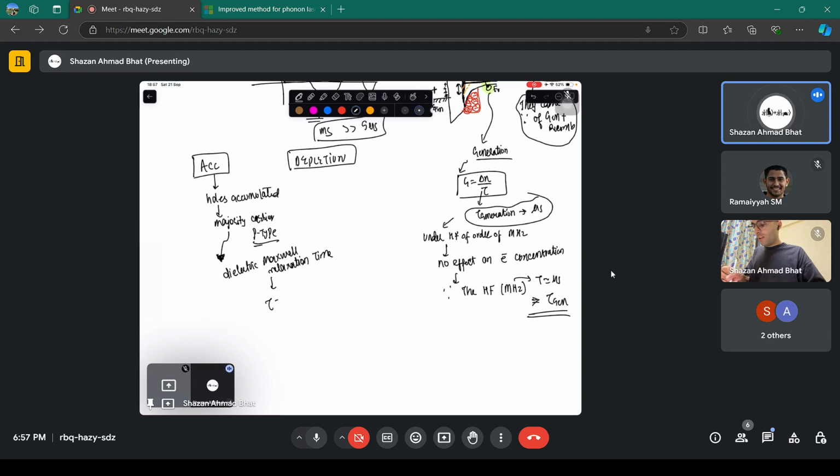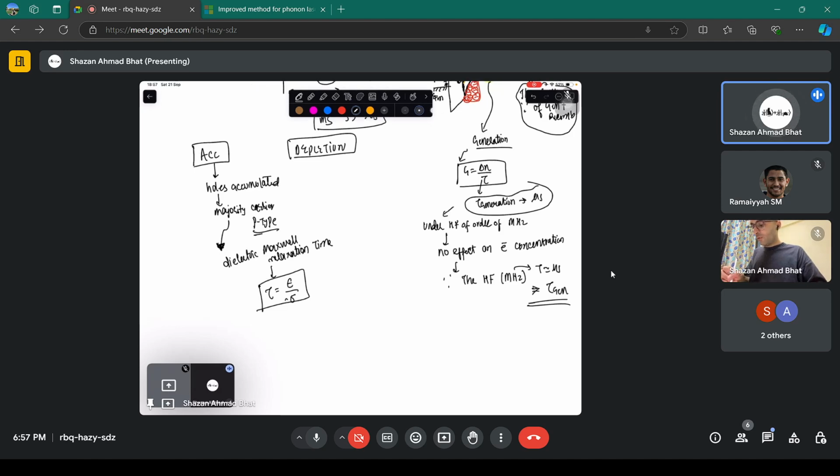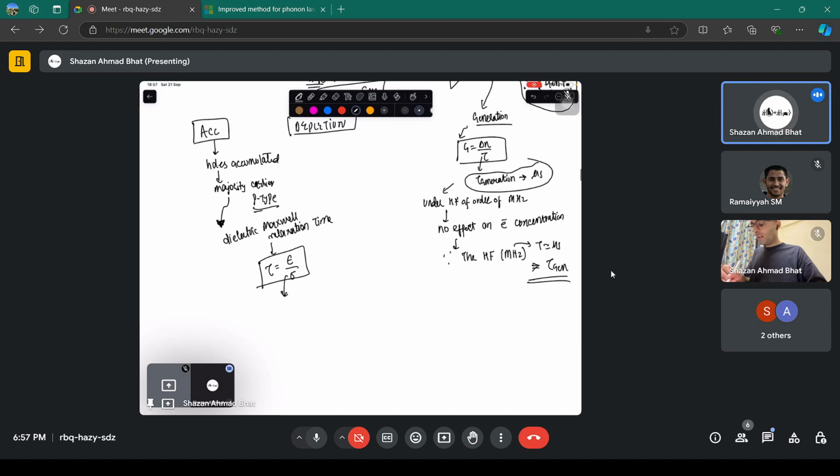It is approximately the epsilon, the permittivity of the medium, divided by the conductivity. And from the Drude model, because these are holes, the conductivity is p times the charge of holes times the mobility. This is the concentration, this is the charge, this is the mobility.